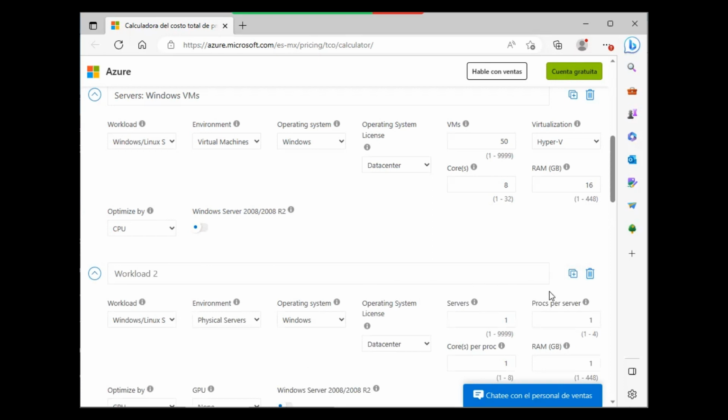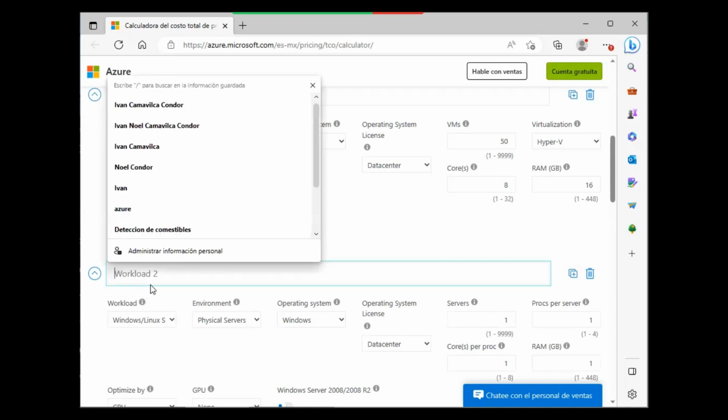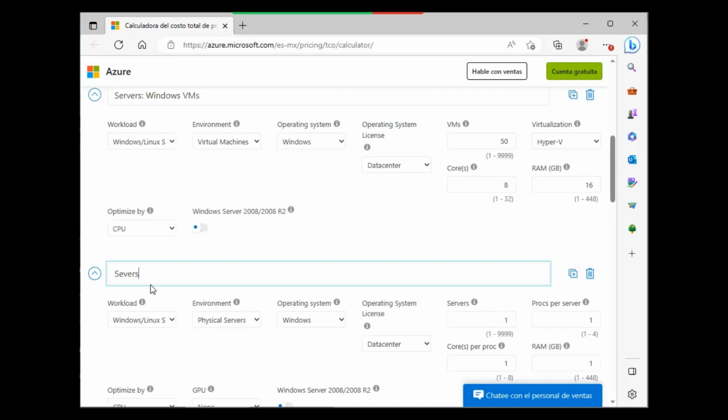Now create a second row for your bank of Linux VMs, then specify the settings. Name: Linux VMs. Workload: Linux server.